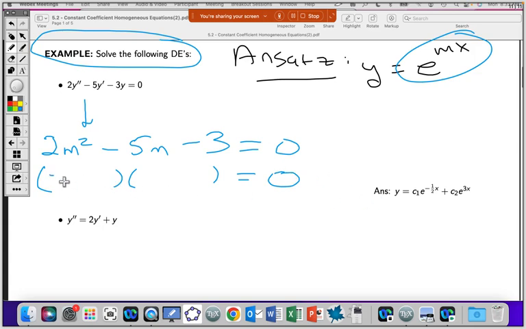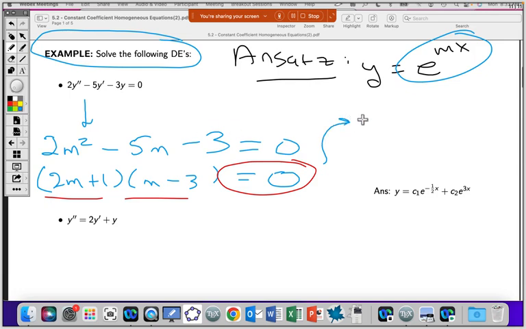Looks good. 2m plus 1 times m minus 3. Perfect. Remember, we always factor against 0 because we have a property of real numbers. If you have two real numbers that multiply to give you 0, the only way that's going to happen is if one or the other is 0.